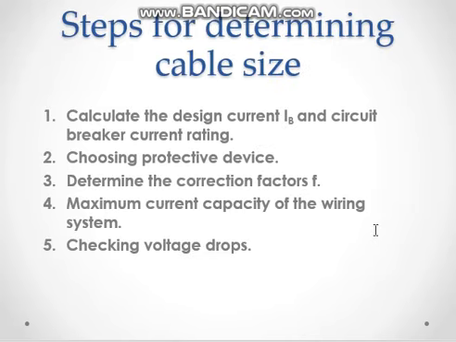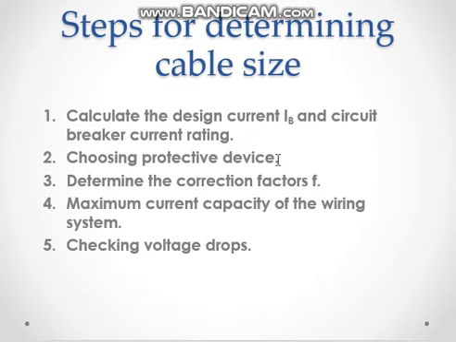So here are the steps you can use while determining the cable size. The first one, you have to calculate the design current and the circuit breaker current rating. Hope you have gained the knowledge for calculating the design current in the session that precedes this one. The second one is choosing the protection device.